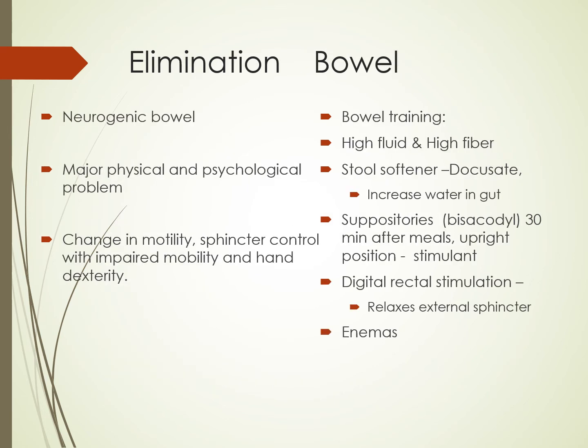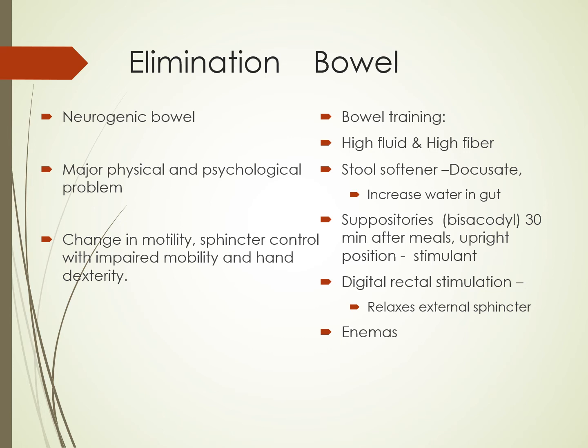All right. So let's not worry about upper motor or lower motor. Let's just say that it is a neurogenic bowel, and some of the things that can be done. Bowel training, we want high fiber and high fluid, which is important. We can use a stool softener such as Docusate, and that helps the stool pass more easily.